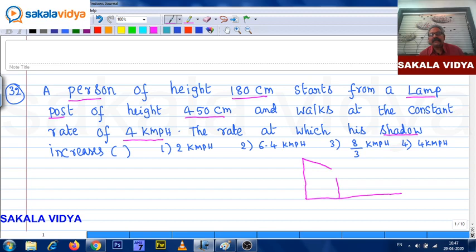So you join this one. Say AB be the lamp post, that is 450 centimeters. This is the height of the person. Say CD. Say this point is E. Okay. So now this is right angle, this is also right angle.